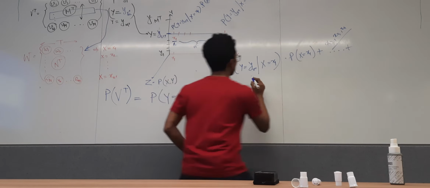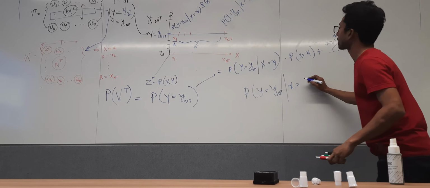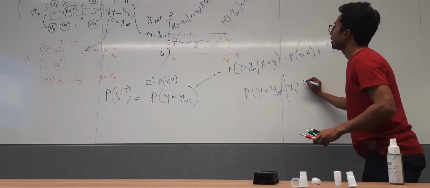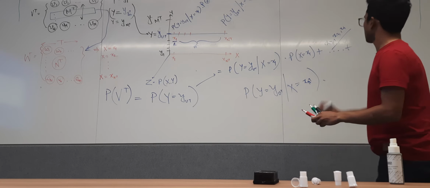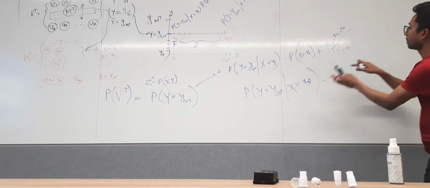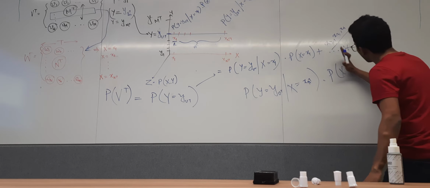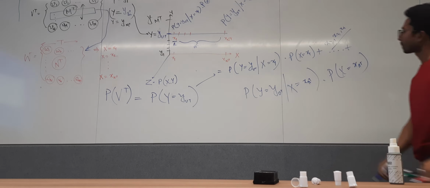Up to where will we go? We will go up to p of y equals y given that at the last point it can take x equal to x_T. I have to write capital X equal to small x_T as the condition, multiplied by the marginal probability of that particular event, x_T.